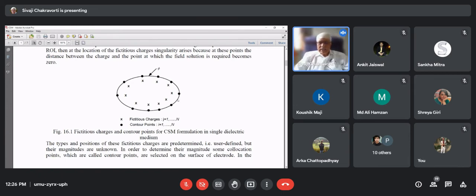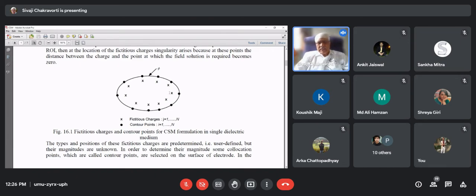So what can be done is that let us assume, as you can see here in this figure, this cross, they are some fictitious charges. So I repeat, they are not true charges. They are fictitious charges. We are bringing them into our system for computation.